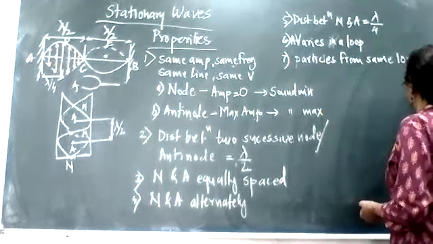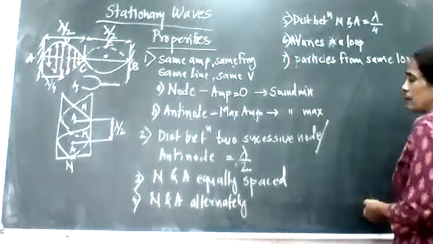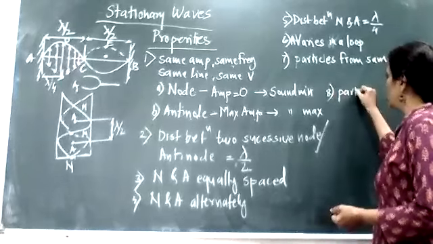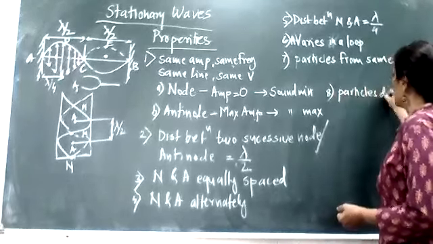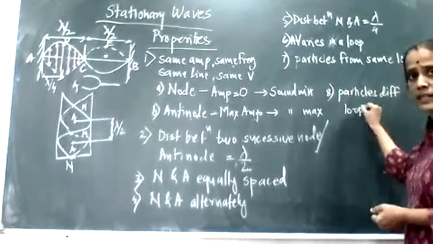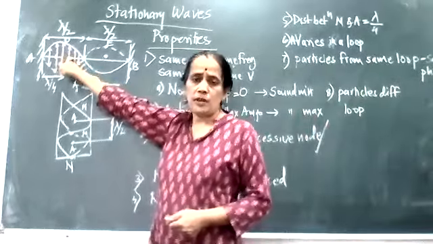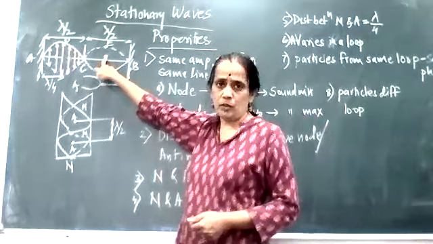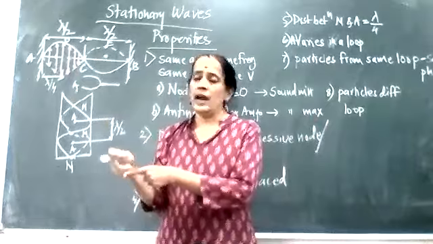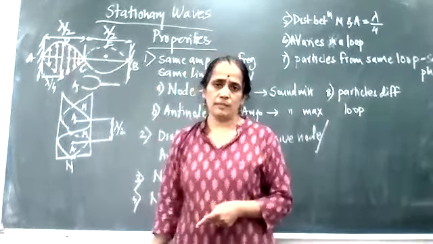then their phase is the same. Then phase will remain the same. But if I am considering the particles from different loops, means one particle from the first loop and the second particle from the second loop, the first particle's phase is 0 to 180 and for the second loop the phase angle is from 180 to 360.